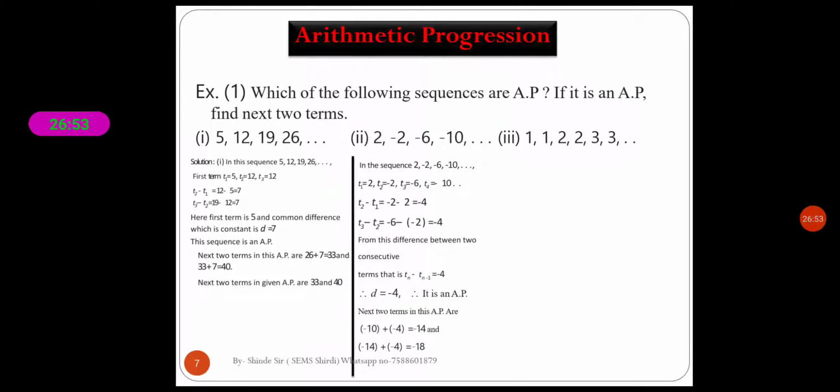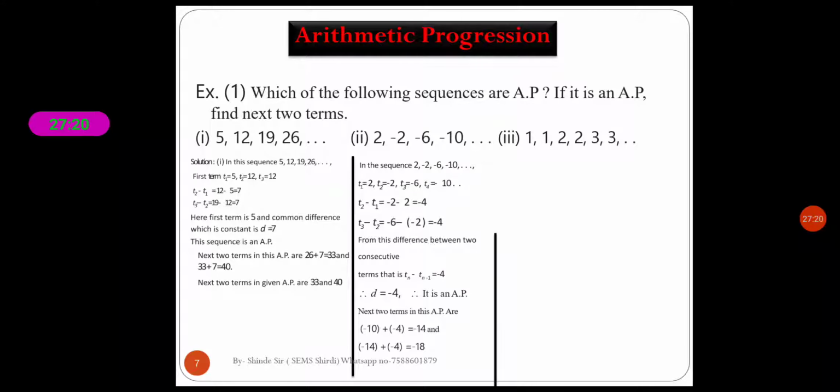Means here the difference between two consecutive terms is constant, that is minus 4. That's why d is equal to minus 4. It is an AP. The next two terms in the AP are minus 10 plus minus 4, minus 14, then minus 14 minus 4, minus 18. These are the next two terms of the given sequence.